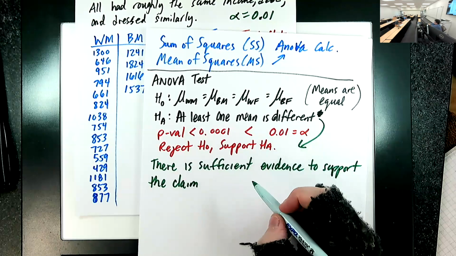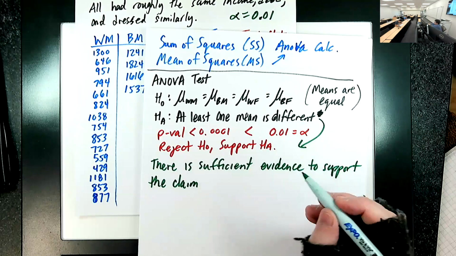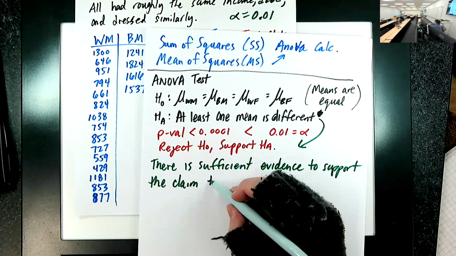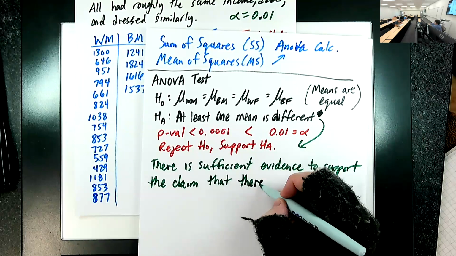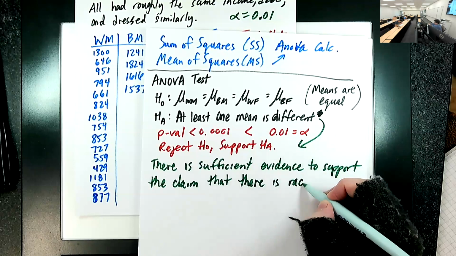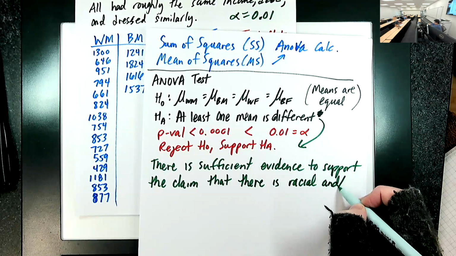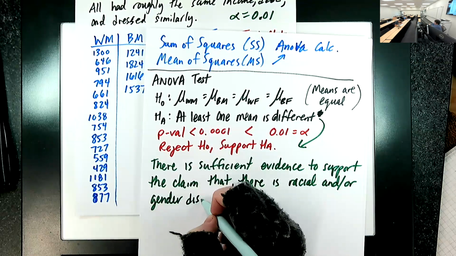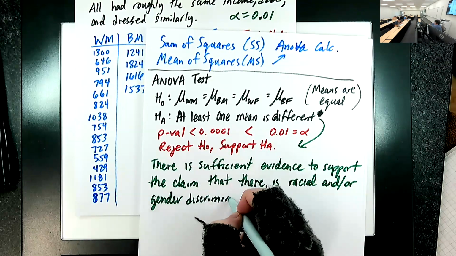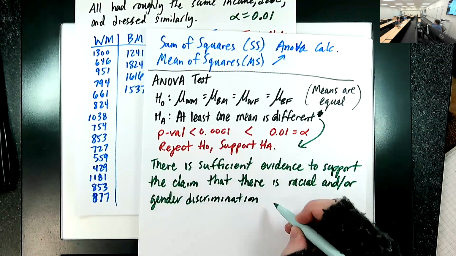The claim here was gender and racial discrimination. That there is racial and/or gender discrimination in car sales.